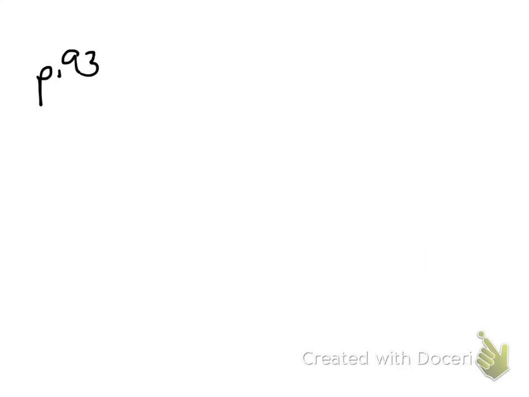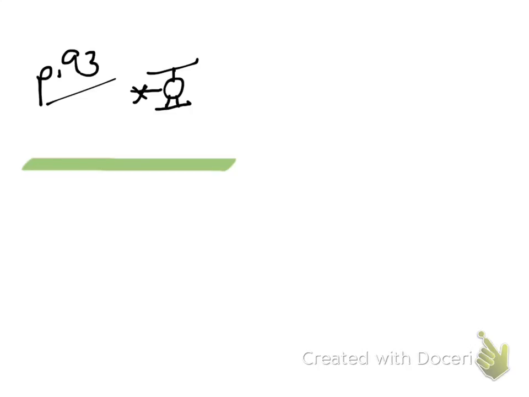Okay, so this is on page 93. This is sample problem 3B. We're told that we have a helicopter traveling, and this is our ground surface. I'm going to draw it in green. We have a little helicopter that's traveling at 95 kilometers per hour.